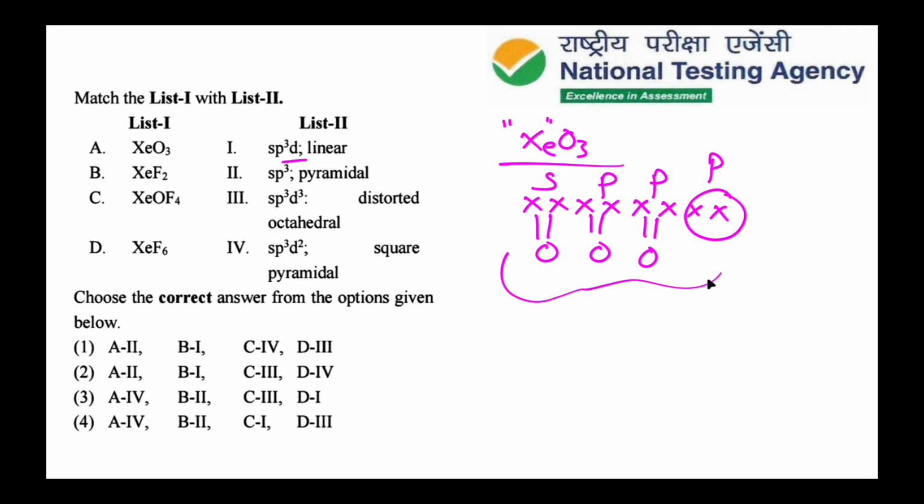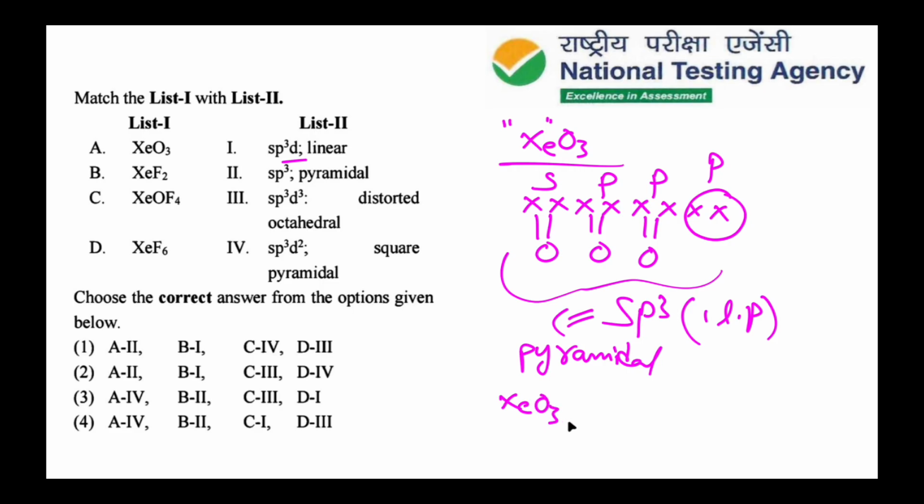So this belongs to sp3 hybridization but containing 1 lone pair. Originally sp3 is tetrahedral, with 1 lone pair it is pyramidal. So XeO3 has sp3 hybridization and pyramidal shape. So A is 2.